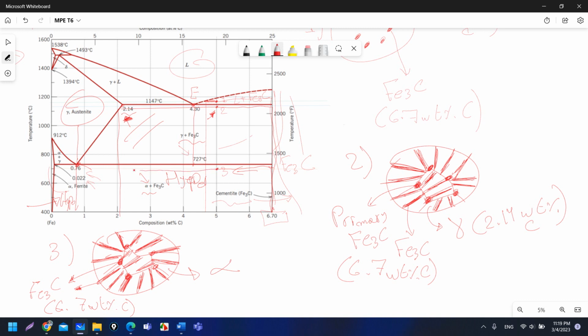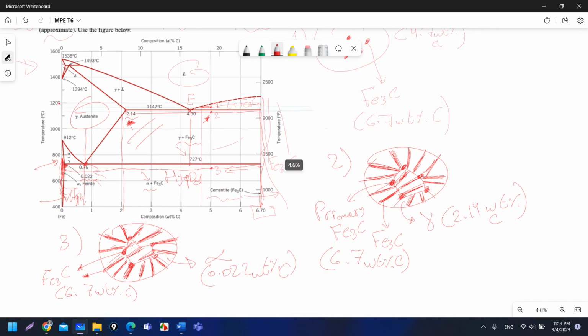And if I go to the left until I reach the boundary of the alpha region, this very small region, it gives you 0.022, that is the solubility limit, the composition of the boundary of the alpha region between alpha and alpha plus Fe3C. So the composition of alpha is 0.022 weight percent of carbon.